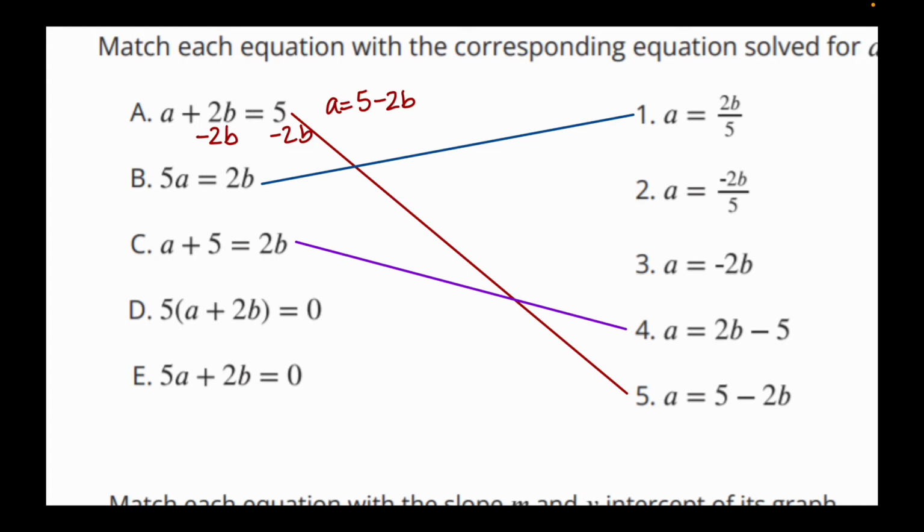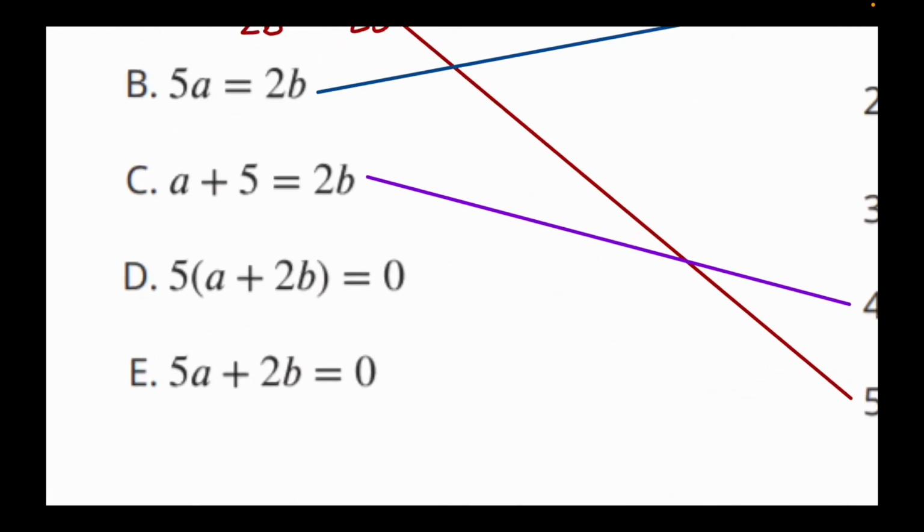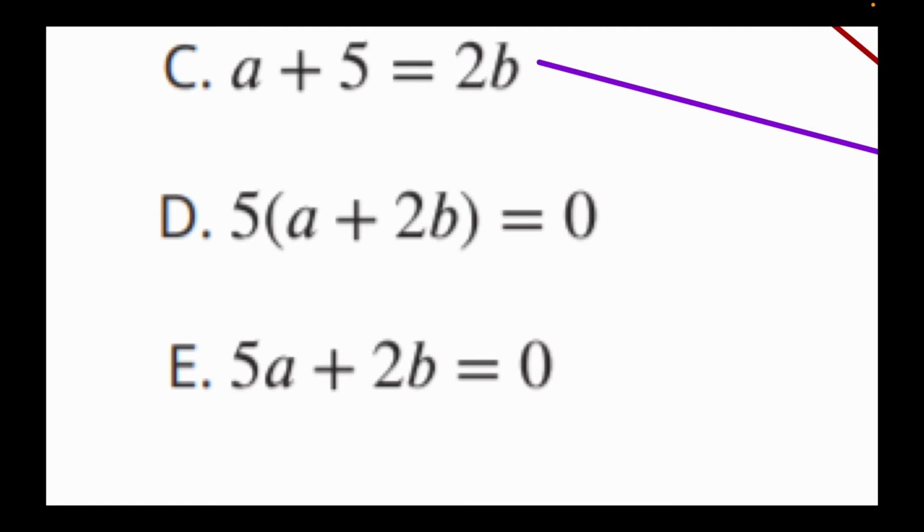Then my third one here, my steps are going to get complicated. So here we have a couple steps to get a by itself. First things first is we can divide by this 5. And when we divide both sides, 0 divided by 5 is still just 0.